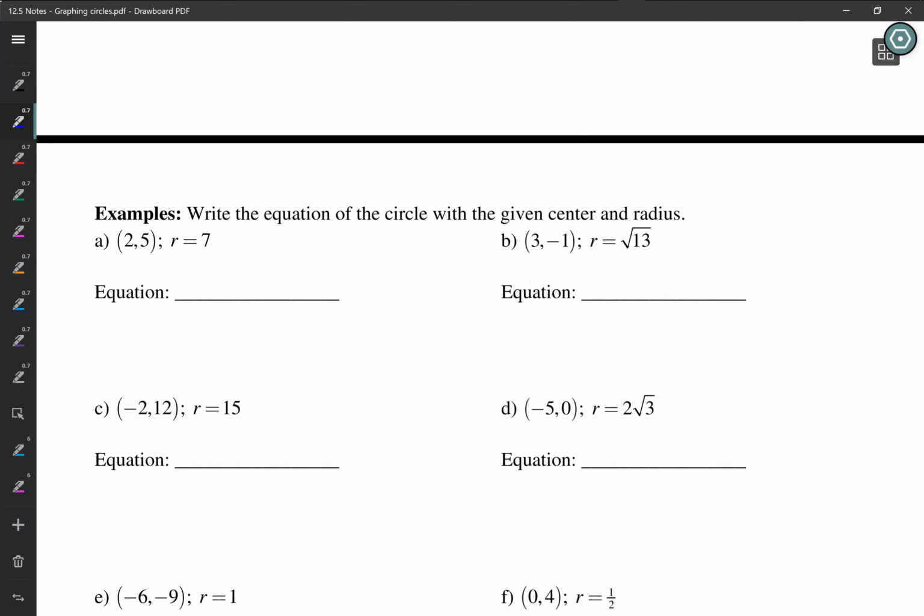Now writing the equation, so remember it's going to be x opposite of h in parentheses squared, plus y opposite of k in parentheses squared, equals radius squared. So just think of these as meaning opposite of the center.